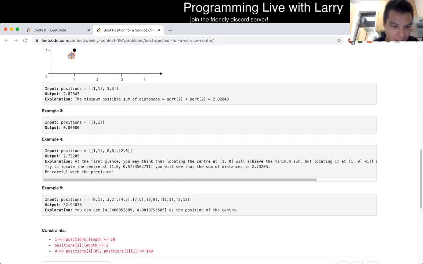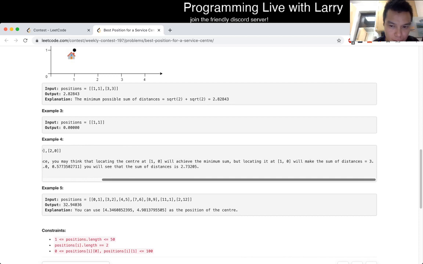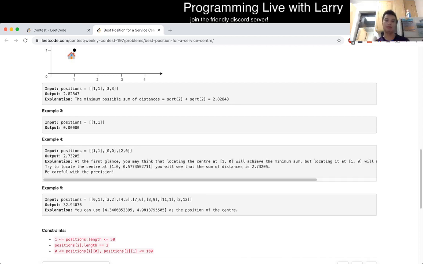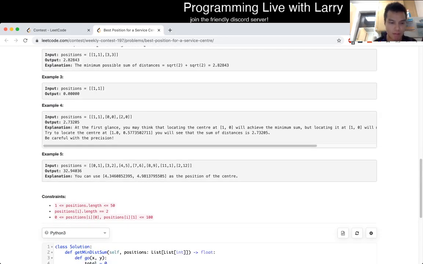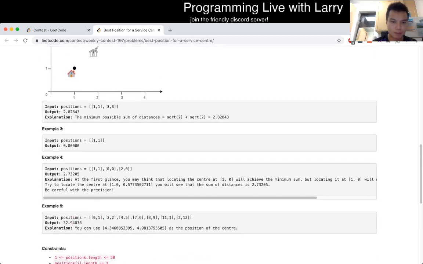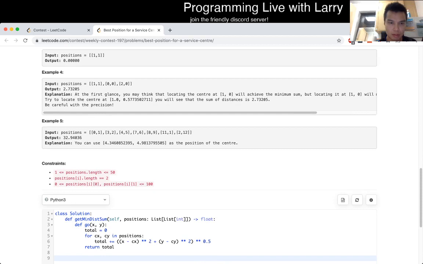Don't know enough math for this one. We have no idea.